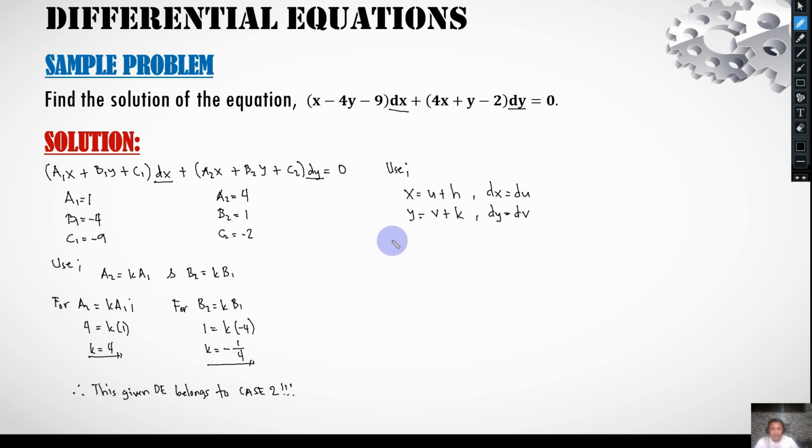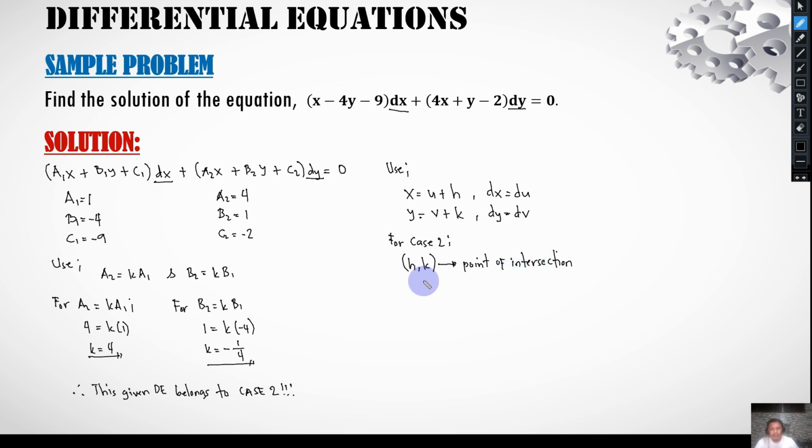So take note also that for case number 2, yung hk natin, no, is just, ito yung point of intersection. Ito yung point of intersection natin.